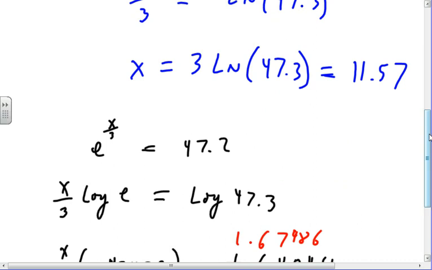So I could have done that using natural common logs. That would have made it harder, because I would have had to remember what e was. Well, I could have gone and found out what e was. I could put e to the 1 right in my calculator. It would have told me what it was, so I didn't necessarily have to remember.